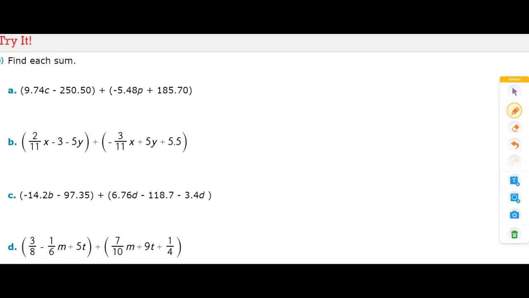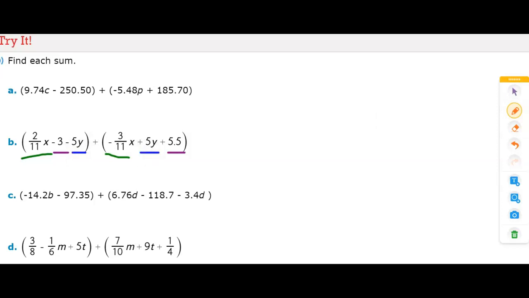So we have 2/11 times x and negative 3/11 times x that are like terms. Then we have negative 3 and 5 5/10 as like terms. Then we have negative 5 times y and plus 5 times y.